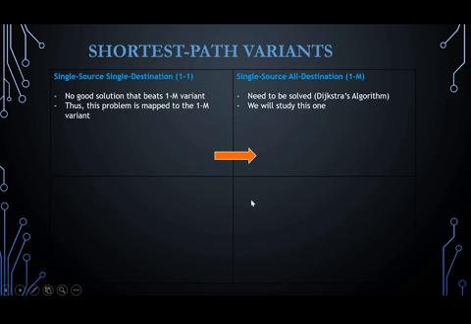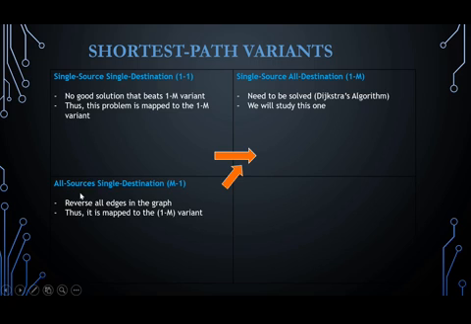The next third variant is all sources single destination. So from all the sources, I specify one destination. I am supposed to find out the shortest path. It is just like an inversion of the previous variant. So like the 1M variant, you have M1 variant.